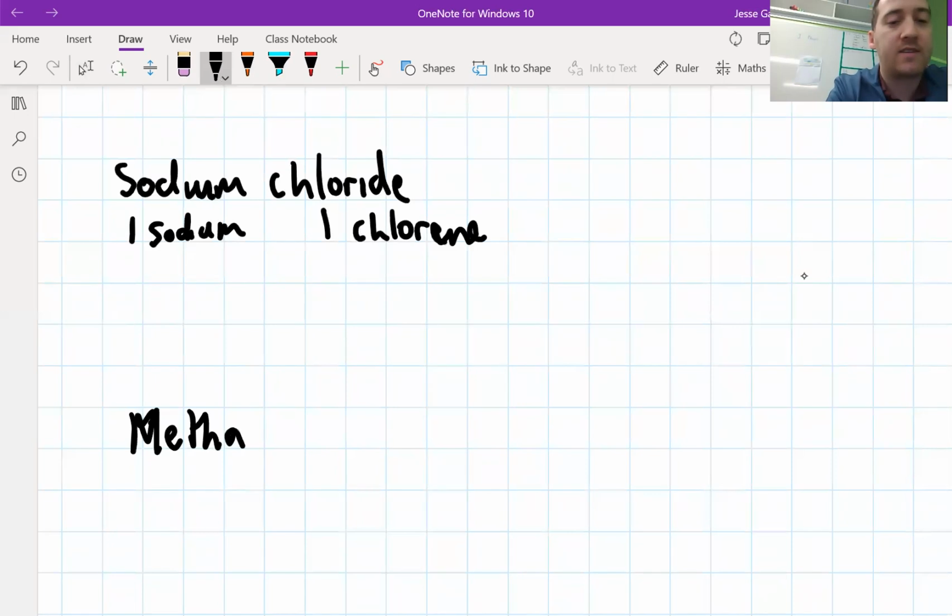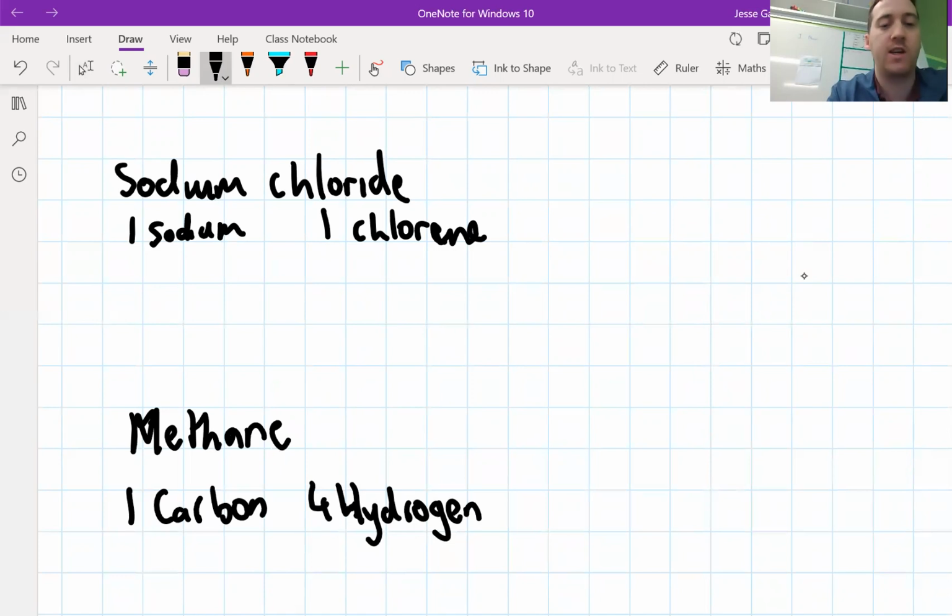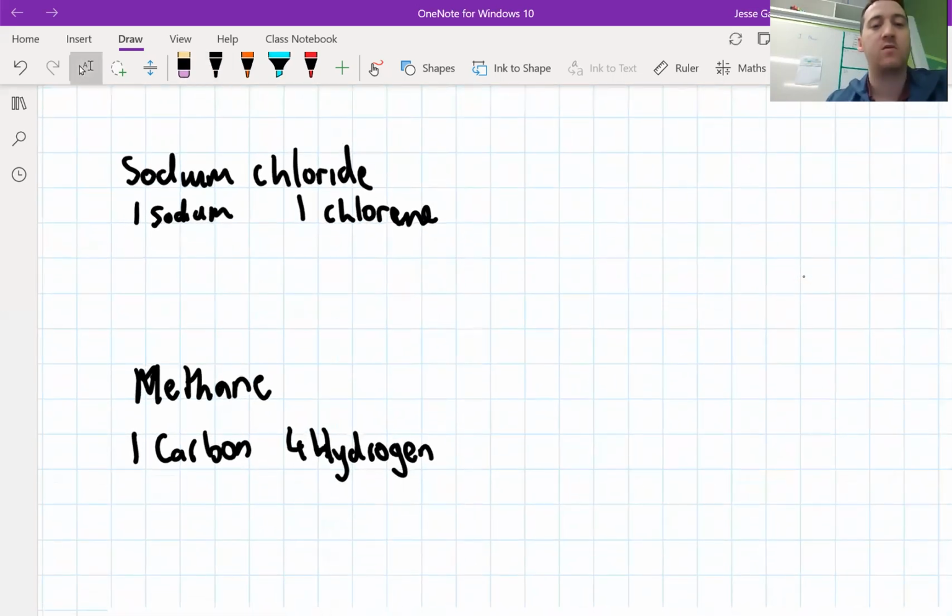And this is the gas that we burn in the science lab, in the taps that we use for the Bunsen burners, methane. And it's got one carbon and 4 hydrogen atoms, one carbon atom and 4 hydrogen atoms. And that one is quite tough, the last one. So have a go at them two for me now. Okay. All right, let's have a look at what it should look like.